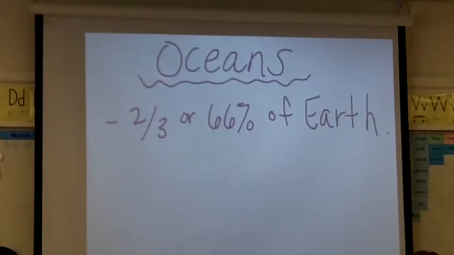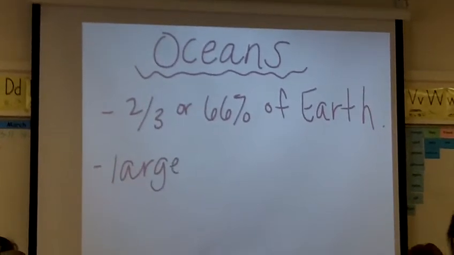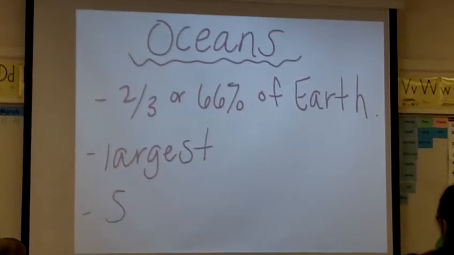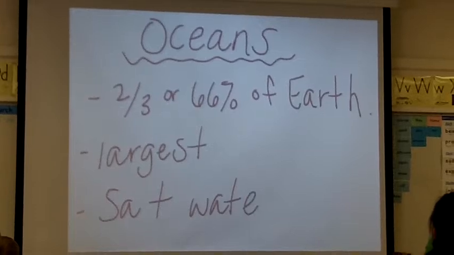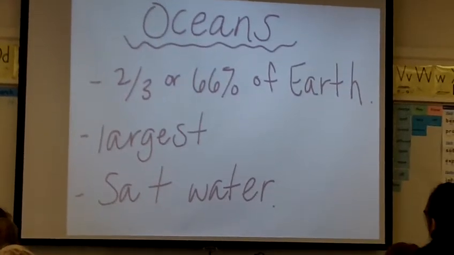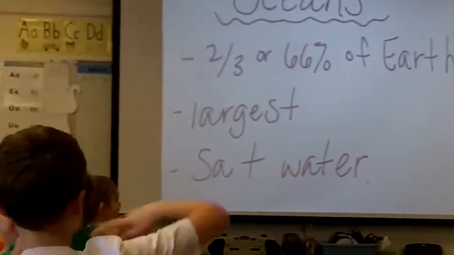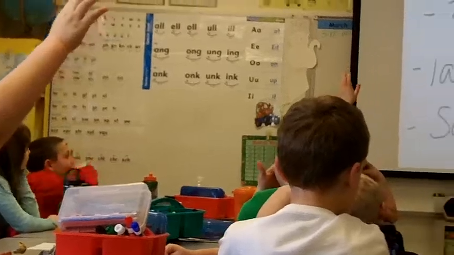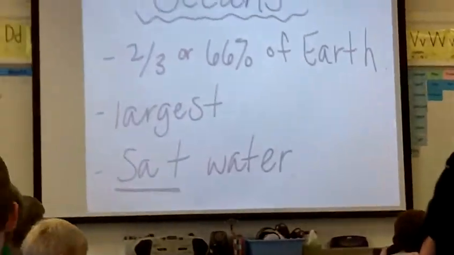That's a lot of water. They are the largest body of water, and they are made up of salt water. Has anyone ever been to an ocean or seen one? I have. I've never been able to go swimming in one though. I hear it's kind of gross. You feel like taking a shower afterwards just because of the salt.